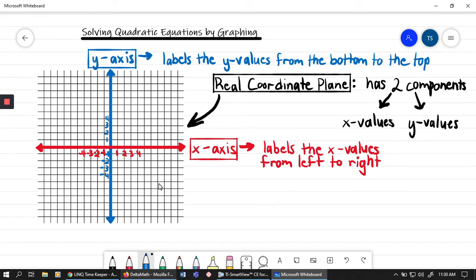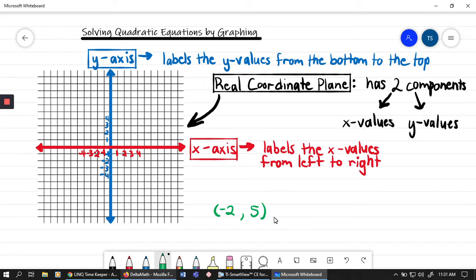Just real quick, we're going to make sure that you know how to do the basic thing of graphing a coordinate point, or an ordered pair. Let's say, for instance, we were asked to graph the point (-2, 5).